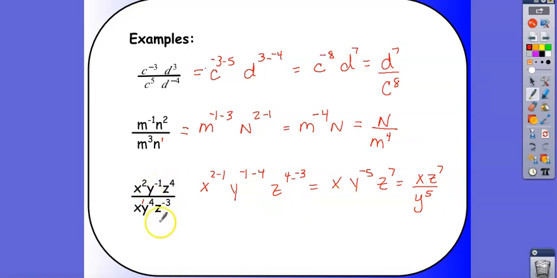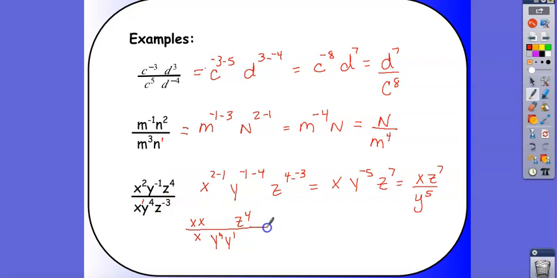Okay, on this one, I'm going to do it the other way. I'm going to show you what I would do on this one. This one, you'd have to use the division. But what if I just expanded it out? X over x. There's my x. Okay, this one, y is negative, so I'm going to take it downstairs. Z to the 4th stays up here. Oh, that's a negative 3.